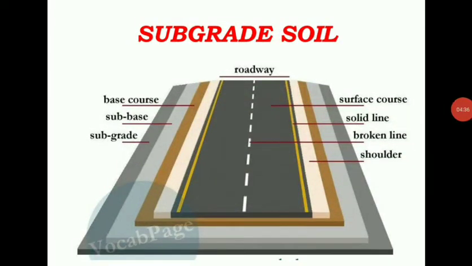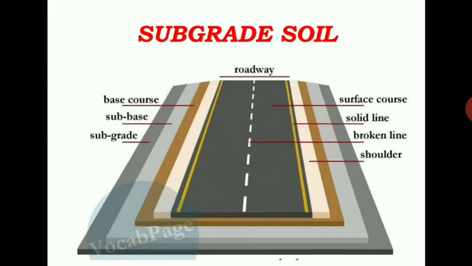Subgrade soil is a gathering of deposited earth material, derived naturally from the breakdown of rocks or decay of undergrowth, which can be excavated readily with power equipment in the field or disintegrated by gentle remolding in the laboratory. The supporting soil below the pavement and its special undersurface is called the subgrade.